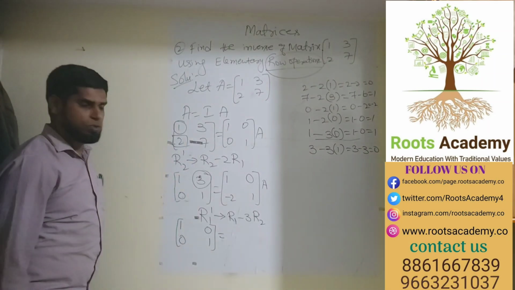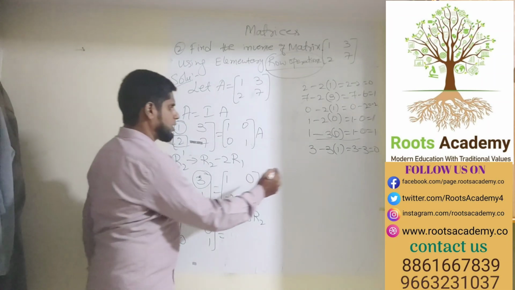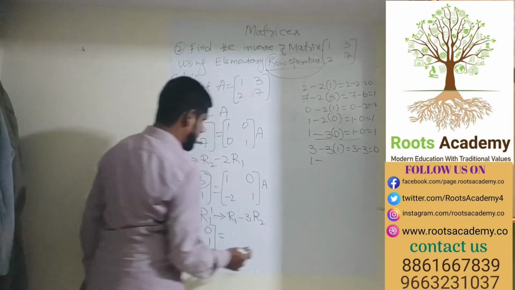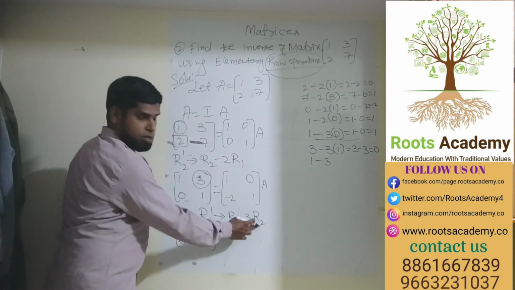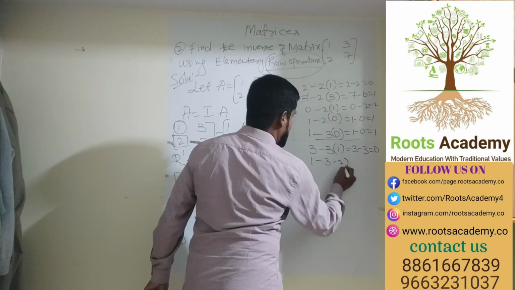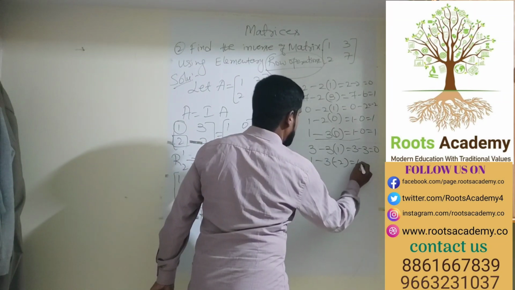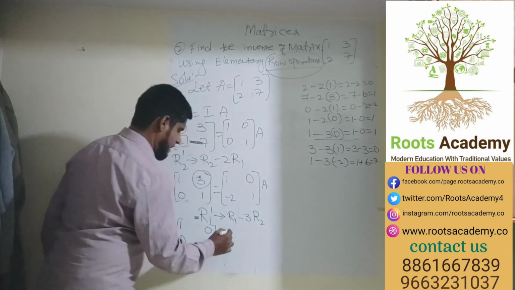This is equals to, now first row again this side 1 minus 3 R2, corresponding to this one our R2 is minus 2. So 1 minus into minus plus 6, it is 7.